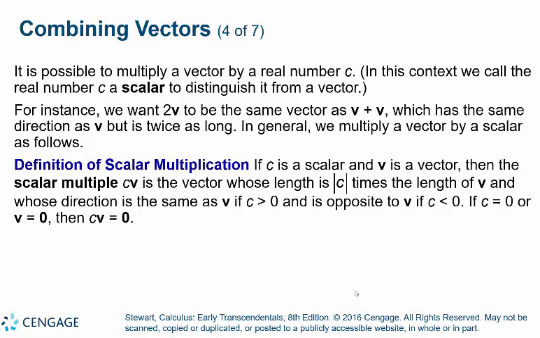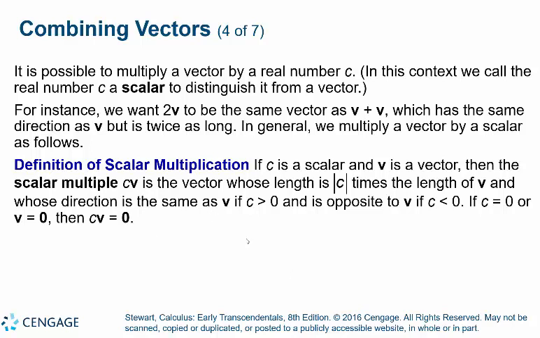If c is a scalar and v is a vector, then the scalar multiple cv is the vector whose length is the absolute value of c times the length of v, and whose direction is the same as v if c is greater than 0, and the opposite if c is less than 0. If your scalar is equal to 0, then you just get the zero vector.